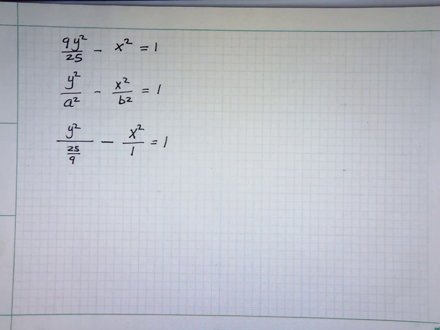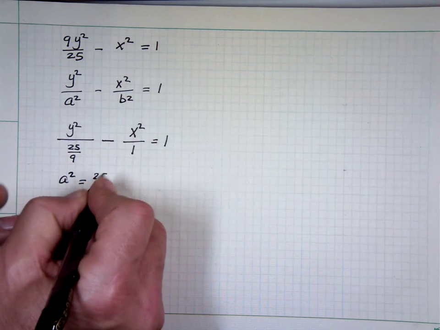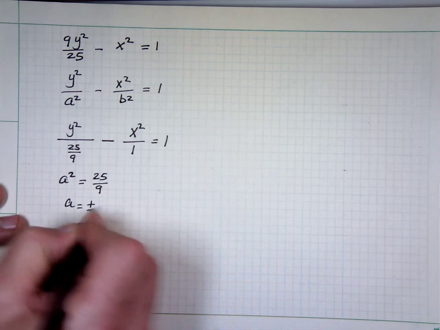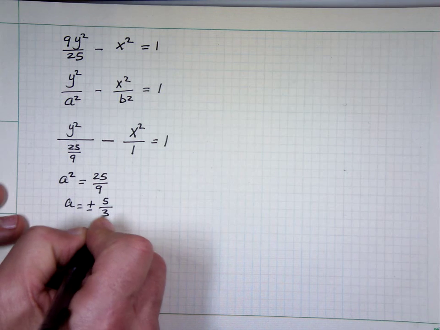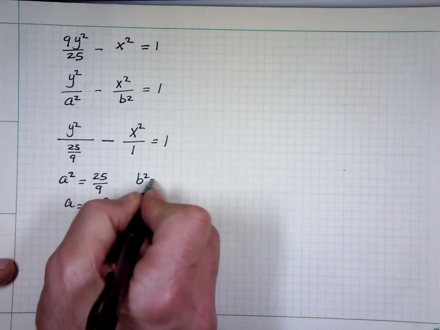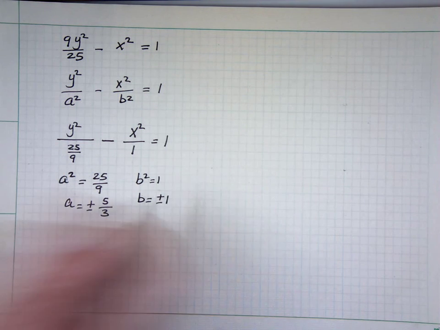This is my A. A squared equals 25 over 9. What is A equal to? 5 over 3? Like 1.7 roughly? And B squared equals what? 1. What's B equal to? Plus or minus 1.